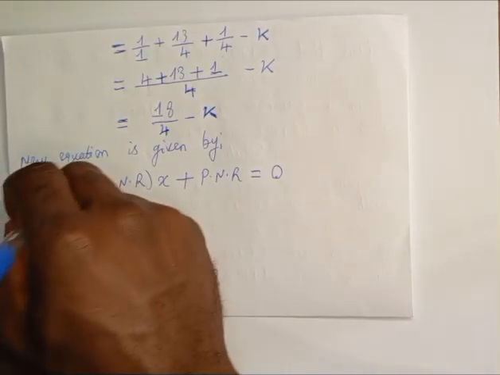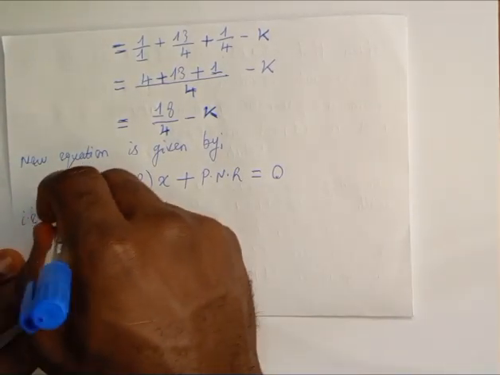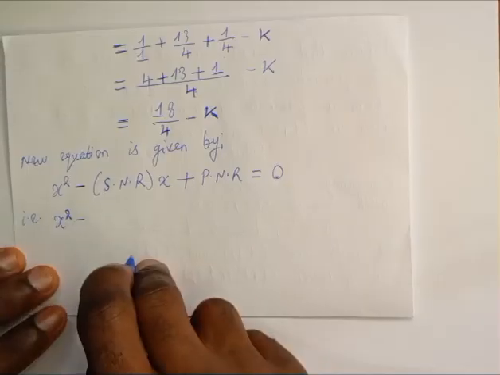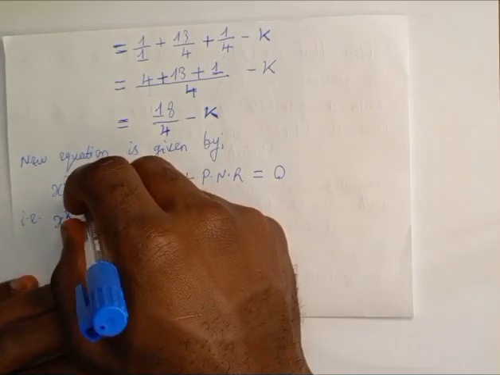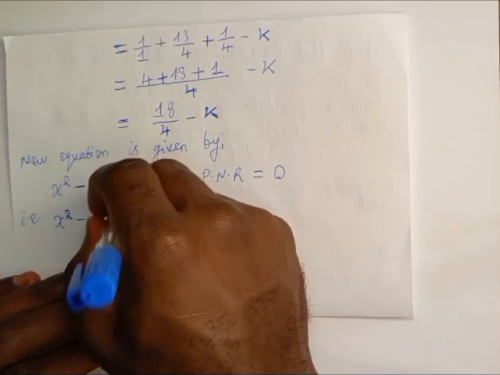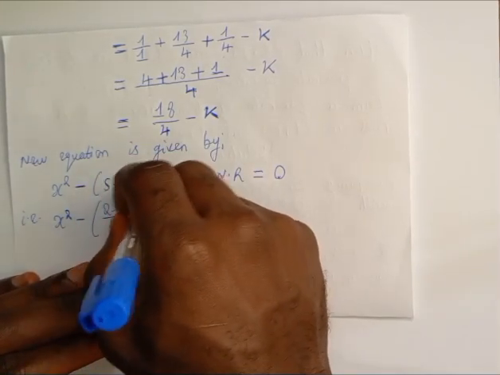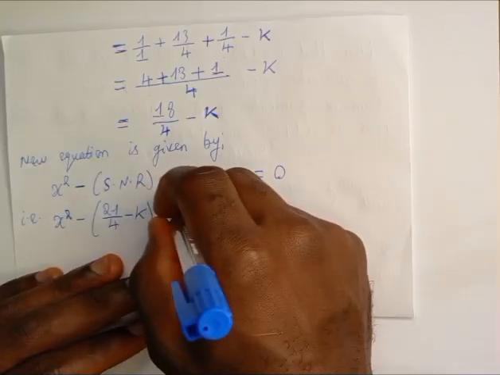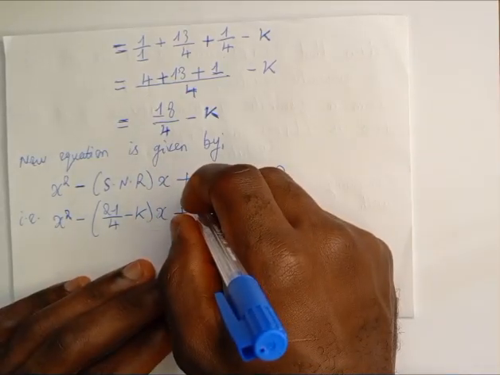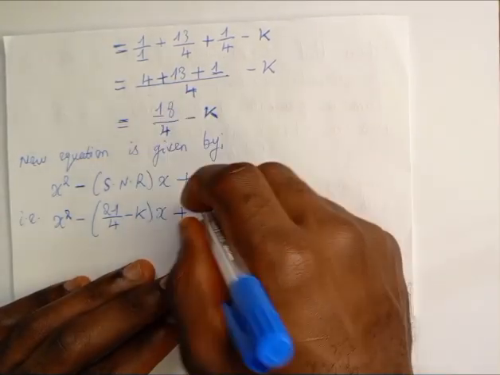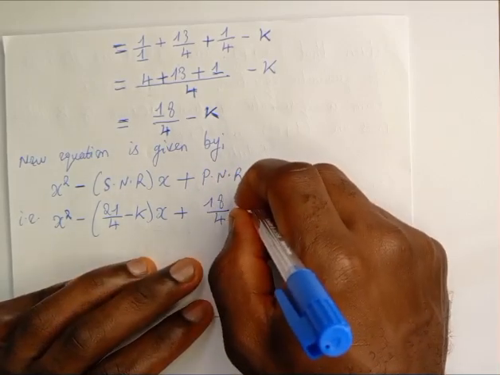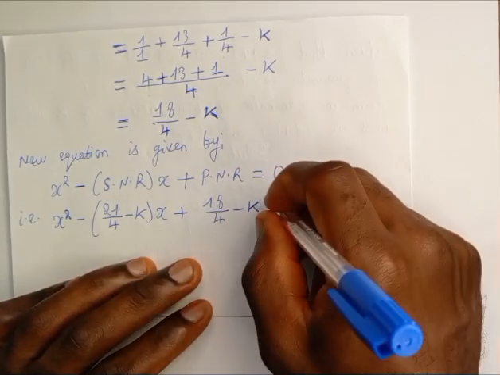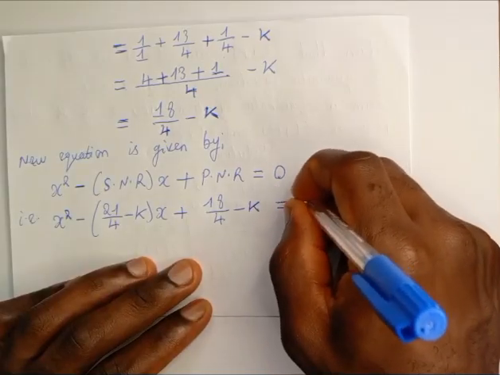That is x squared minus the sum of new roots. The sum of new roots is 21 over 4 minus k multiplied by x plus the product of new roots, which is 18 all over 4 minus k. We equate this to 0.